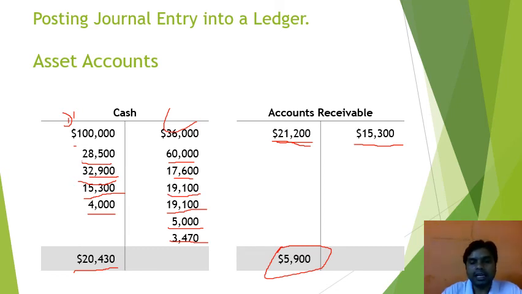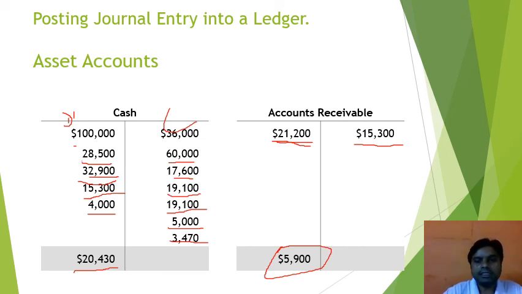So at the end of the month, 5,900 is in accounts receivable, and 20,430 is cash in hand.